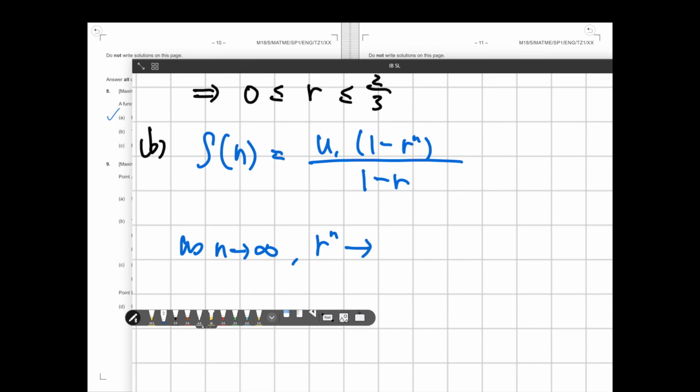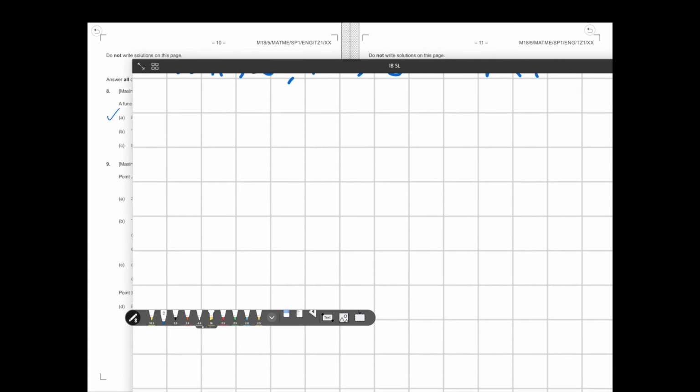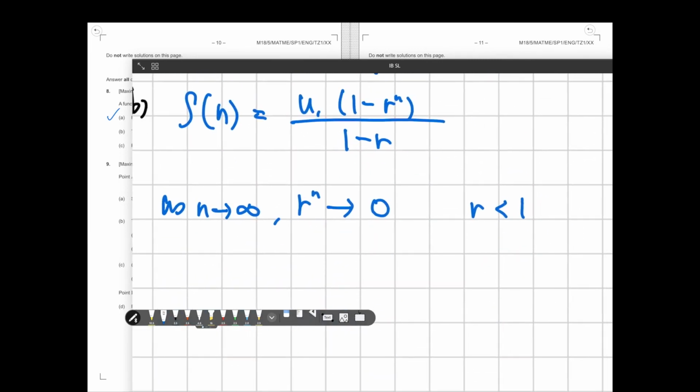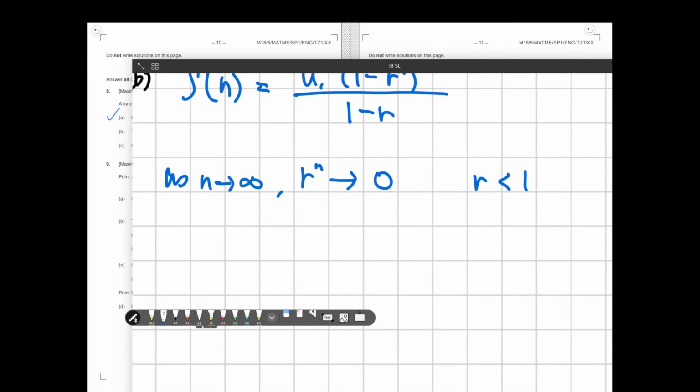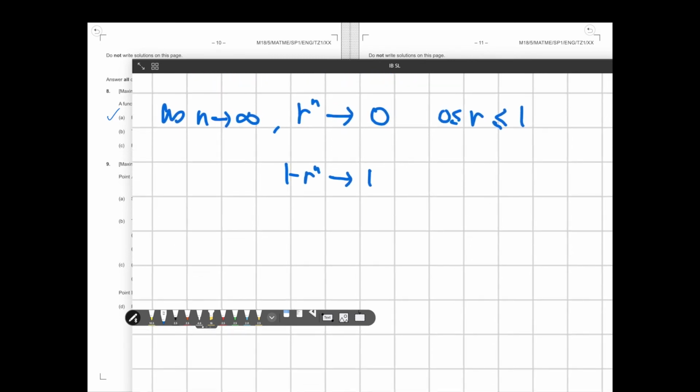So it means that R to the n also approaches 0, because we know that R is less than 1, right? So 1 minus R to the n approaches 1, so we have S infinity equal to U1 over 1 minus R.